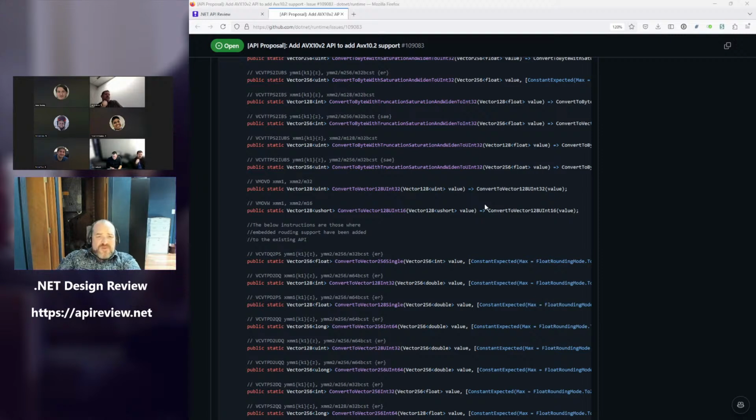So you want convert scalar to vector? Yeah, I think that might help clear the ambiguity of uint to uint. Doesn't scalar normally go at the very end in these names? In most cases, but we have inserted it in the middle in other locations where it made more sense.